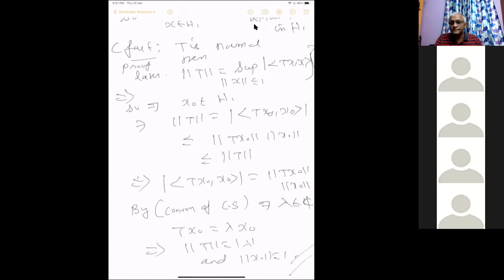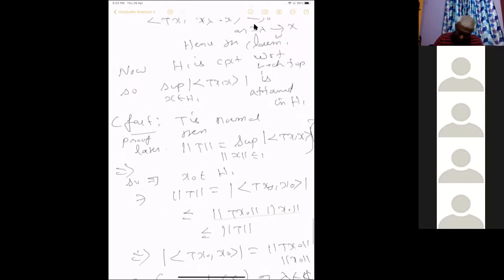That's all. So norm T is an eigenvalue, with x naught an eigenvector whose eigenvalue has modulus equal to norm T. I have to prove this fact, which I will come to later.